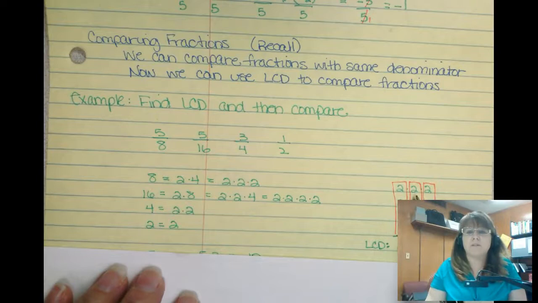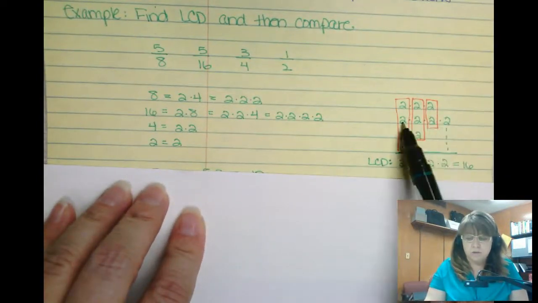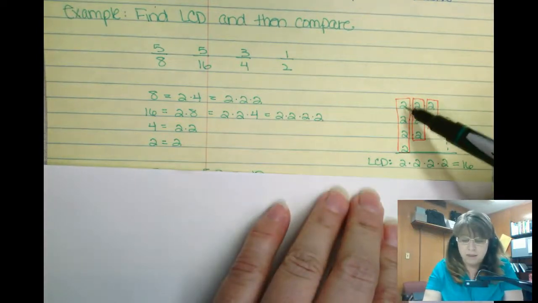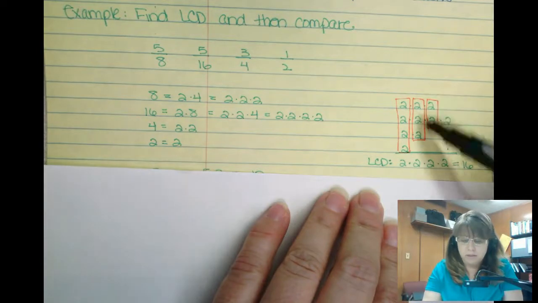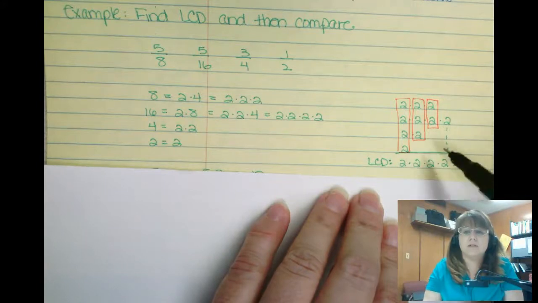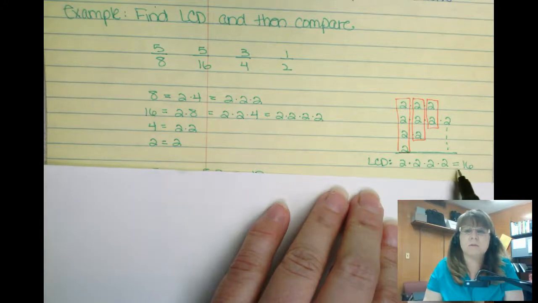I just wrote them off nice and neat off to the side here. They have a 2 in common, a 2 in common, a 2 in common. And then finally, 16 has this last 2. So it turns out that the LCD is 2 times 2 times 2 times 2, which is 16.